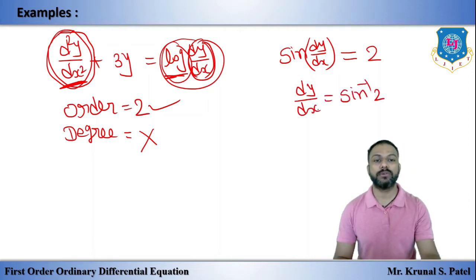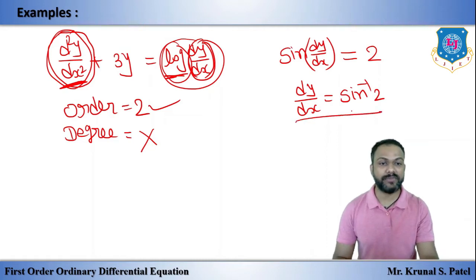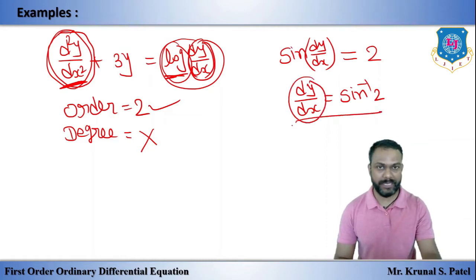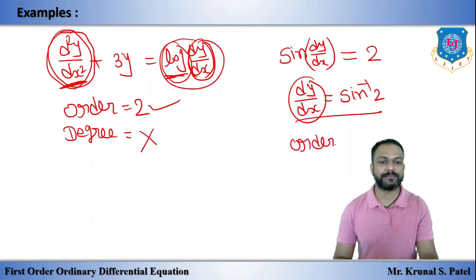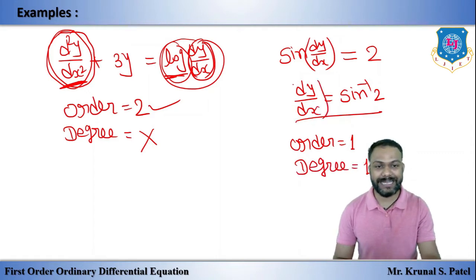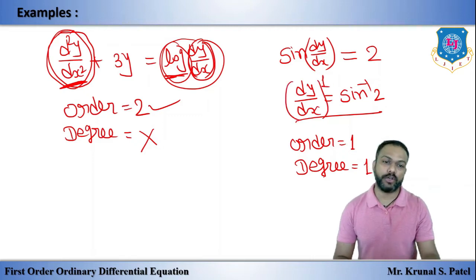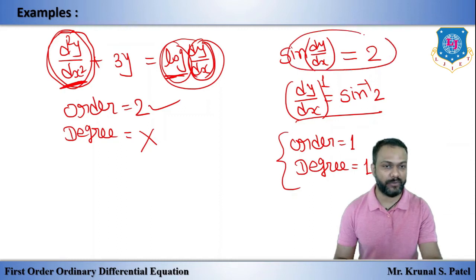Now the order of this differential equation is 1 because the highest derivative is of first order. So the order is 1 and the degree is also 1 because the power of this highest derivative is 1. So order and degree we can find if we have this kind of equation.